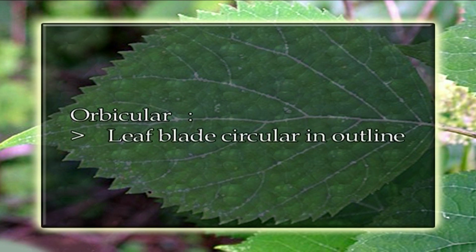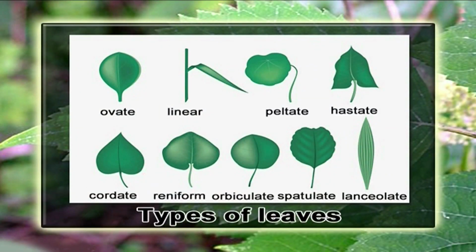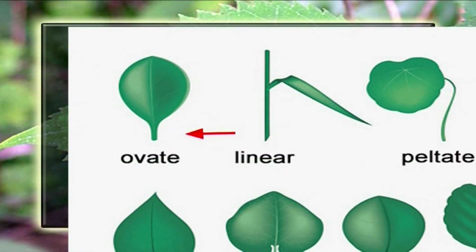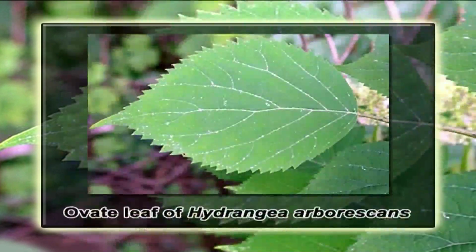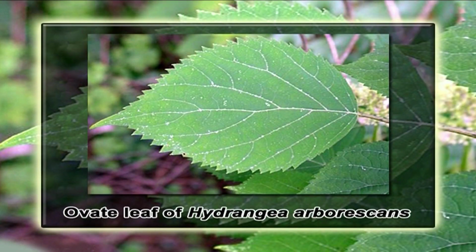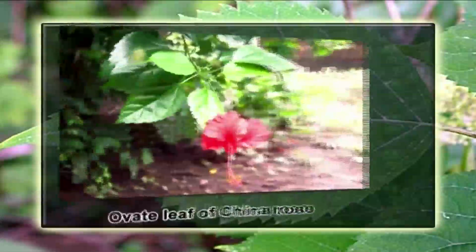Orbicular, that's the leaf blade circular in outline, for example, in common smoke tree, that's Cotinus coggygria. Then ovate, with an outline like that of a hen's egg, that's broader at the base than at the apex, for example, Hydrangea arborescens or China rose.